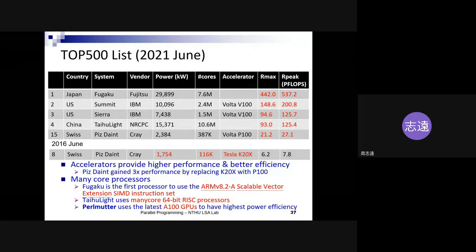You can see all of them have GPUs installed, whether it's a V100 or P100, all those accelerators. However, you will see the #1 and #4 machines don't have an accelerator, yet the number of cores is huge. That means although they don't have an accelerator, their processor is different. They are not using the regular or traditional CPU.